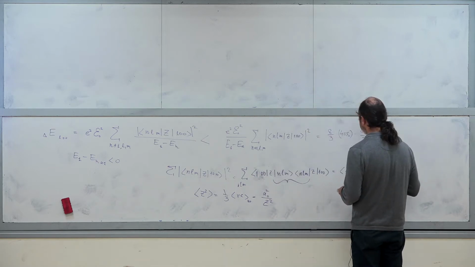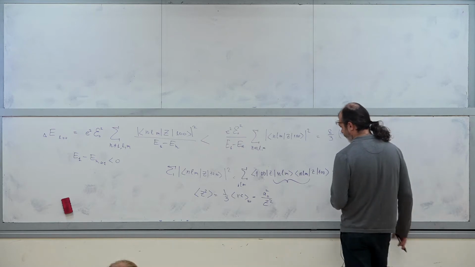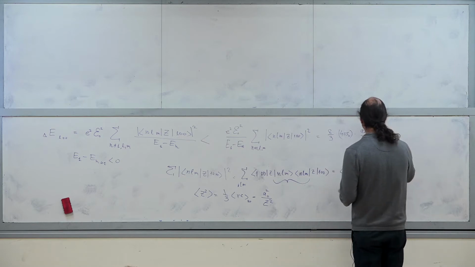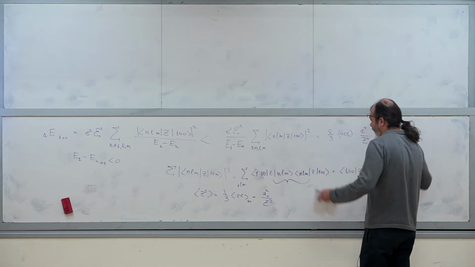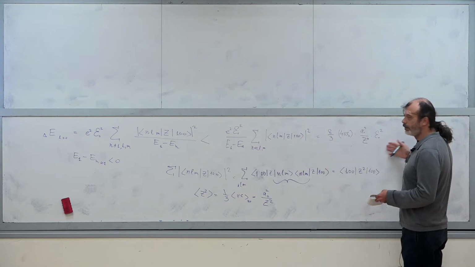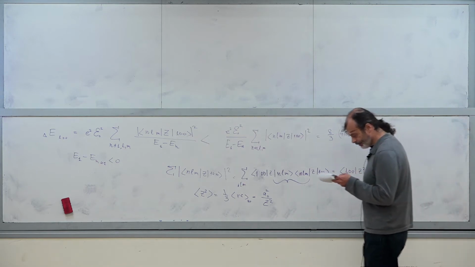This gives me the additional 8 Bohr radius and the additional Z square. Now this is multiplied by E0 squared. So essentially it's done, right? This calculation is done, so we know what this gives us.